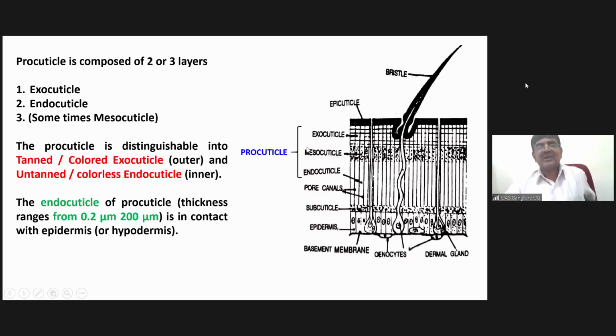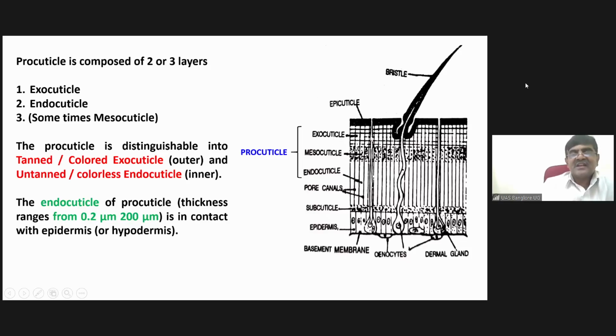Remember, mesocuticle may be present only in a few insects, whereas exocuticle and endocuticle are present in a majority of insects. The exocuticle is the outer layer and it is the colored or tanned structure.